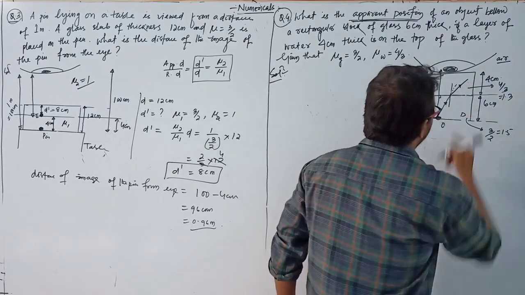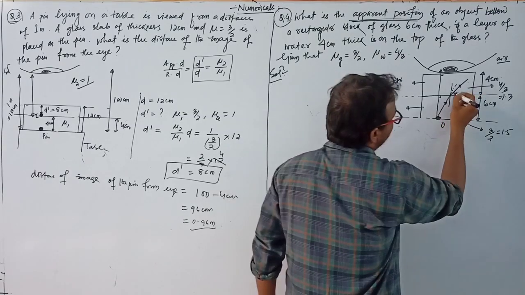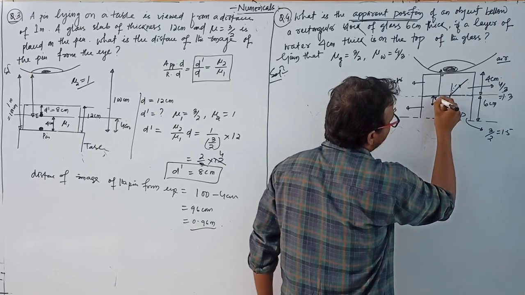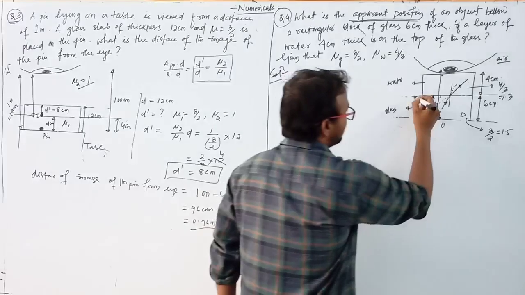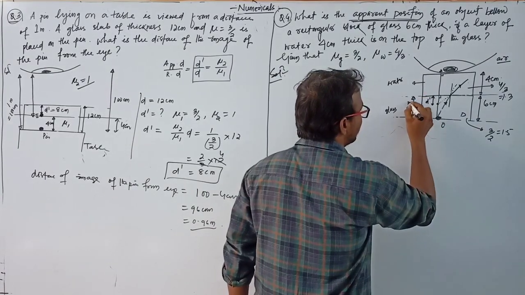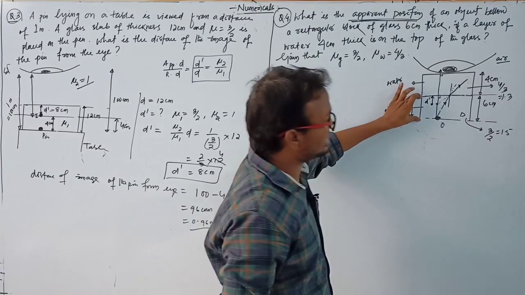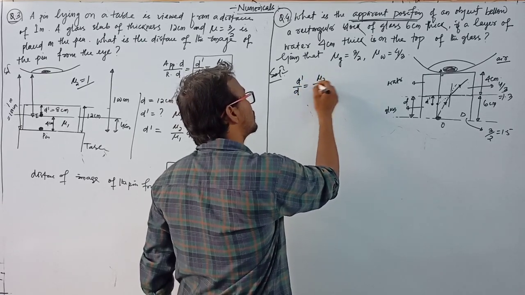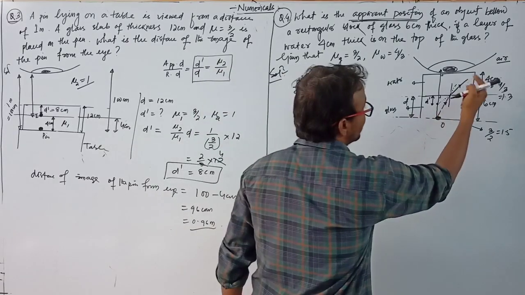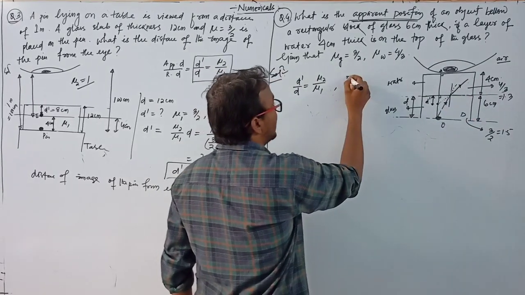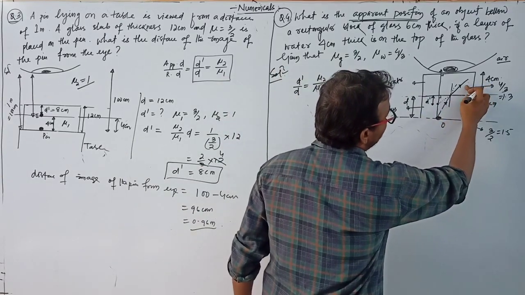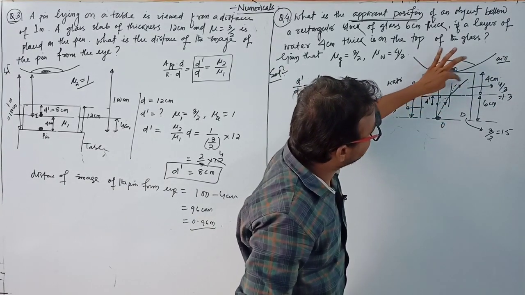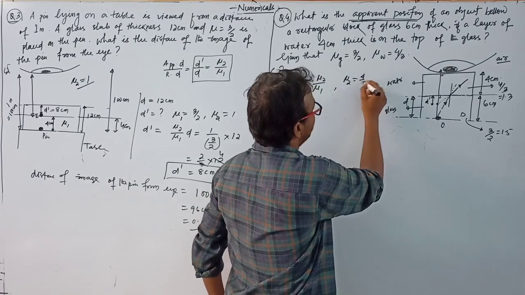Clear? And in this case it travels in this direction, and this refracted ray appears to meet at this point. Suppose this distance is d dash. At that time this distance is d. If you imagine only the glass medium, we can use the concept that d dash by d is equal to mu2 by mu1. And here what is mu2? Second medium, this medium. Mu2 means the refractive index of the medium in which the refracted ray travels. If we observe only two media, this is the refracted ray whose refractive index is 4/3.